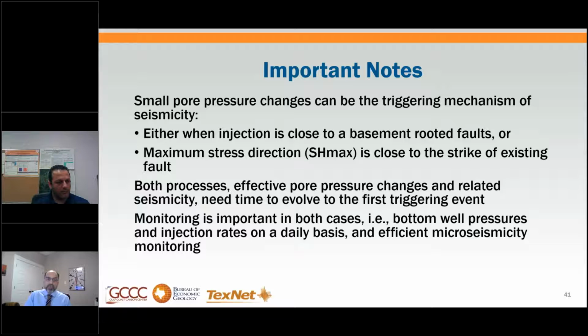Now, both processes, the effective pore pressure changes and related seismicity, need to evolve to the first triggering event. For that, it is important to have a good monitoring system and also be aware and measure the bottom hole pressures and injection rates on a daily basis. Next slide, please.